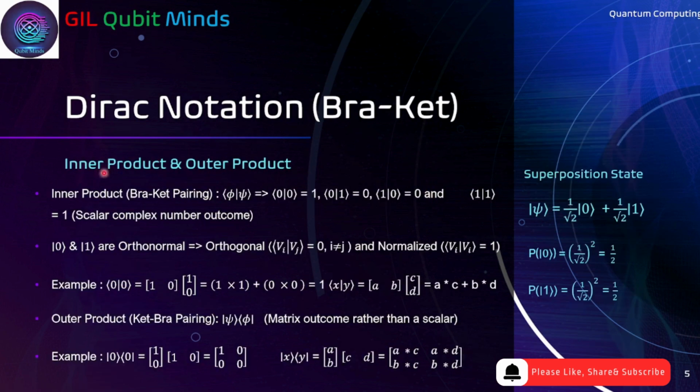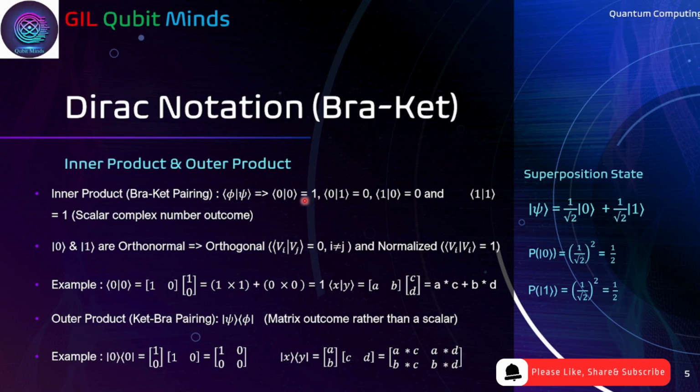Okay, now we'll check how to do the inner product and outer product. The inner product is Bra-Ket pairing, which means we are multiplying a Bra, phi Bra, with a Ket, psi Ket. If we replace them with 0 and 1, the classical set, then we see 0 0, 0 1, 1 0, 1 1.